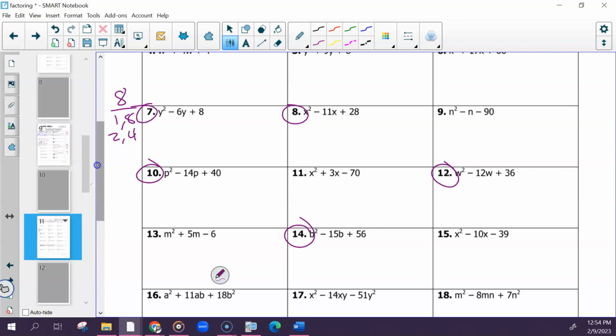Now with this type, since we multiply to get a positive, there are only 2 ways to get that. Either they're both positive or they're both negative. So if this is also negative, your 2 factors are going to be negative. So of those 2, which ones could we both make negative to get negative 6? So how would we write those factors?